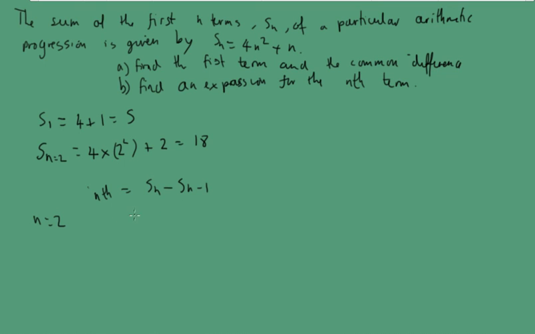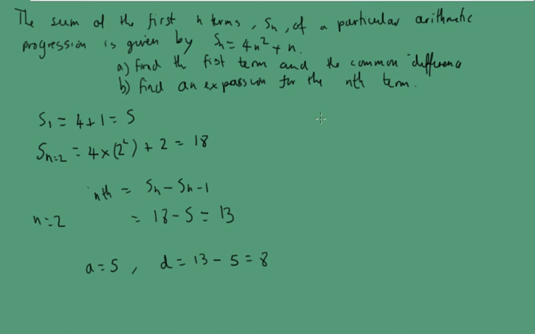So we can do 18 minus 5, which gives us 13. So 13 is the second term. So we know the first, so a must be 5, and d, the common difference, must be 13 minus 5, which is going to be 8.